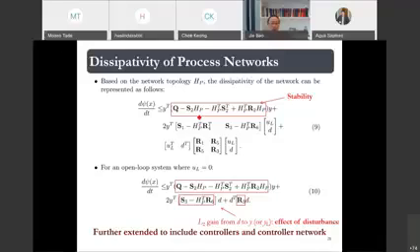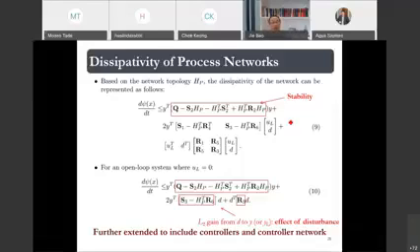So from this new Q matrix, we can tell the effect of the interactions among the process units on the plant-wide dynamics. So we have the dissipativity conditions of the plant-wide process, and in particular, this is the overall plant-wide Q matrix. It can tell you about the stability of the plant-wide system.